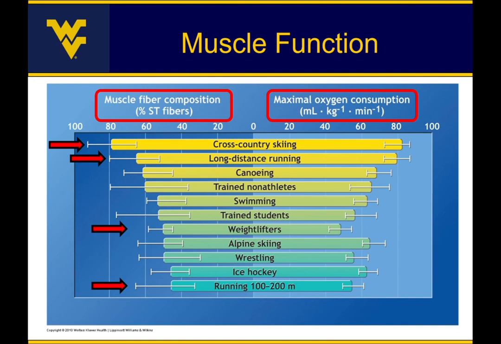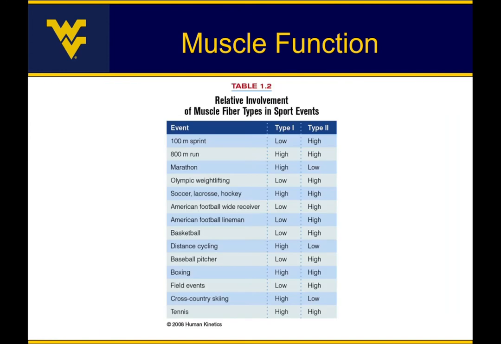In contrast, athletes that are involved in sprinting 100 and 200 meters or in weightlifting have a relatively lower percentage of slow twitch fibers in their skeletal muscles and a less efficient delivery of oxygen to those working muscles.